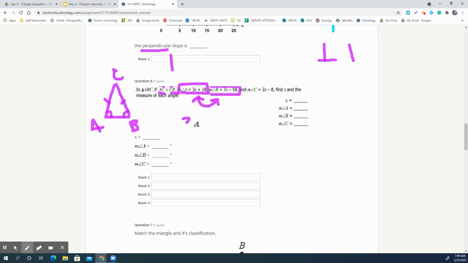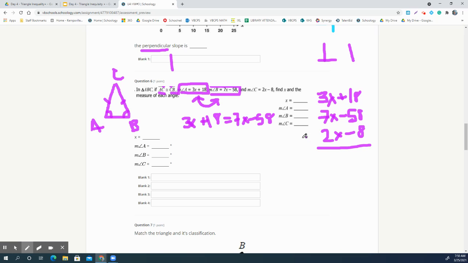You can either do 3x plus 18 equals 7x minus 58, or you can do 3x plus 18 plus 7x minus 58 plus 2x minus 8, add all of those up and set them equal to 180. So either the base angles equal each other, or the 3 angles all together equal 180.